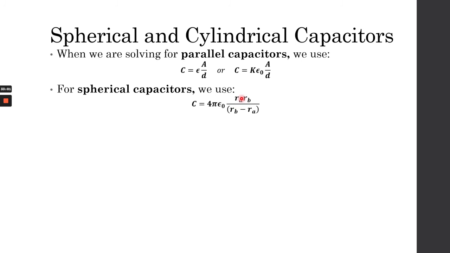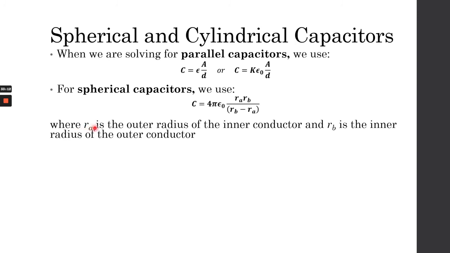So RA is for the inner sphere, RB is for the outer sphere, divided by the radius of your outer sphere minus the radius of your inner sphere, where RA is the outer radius of the inner conductor.